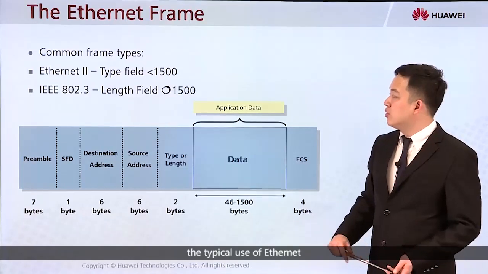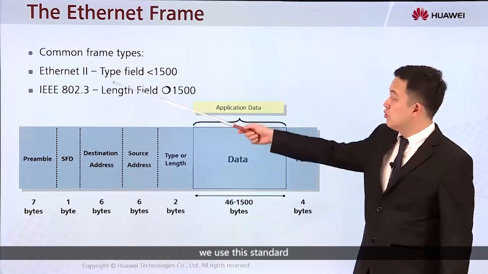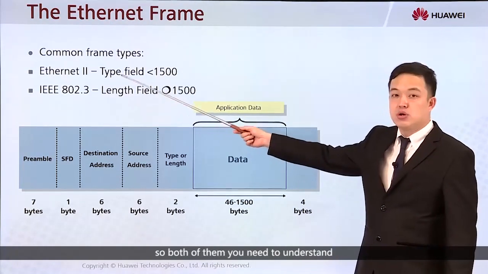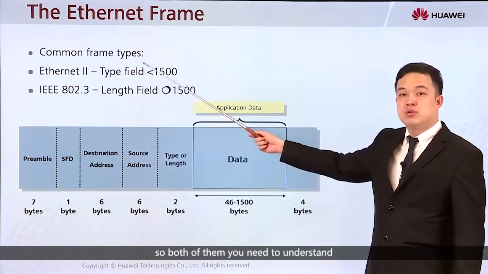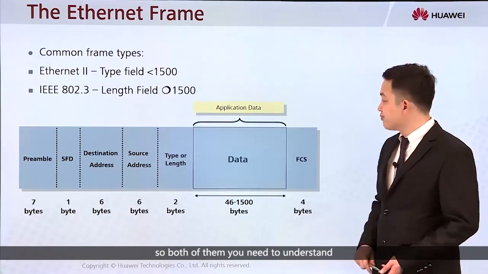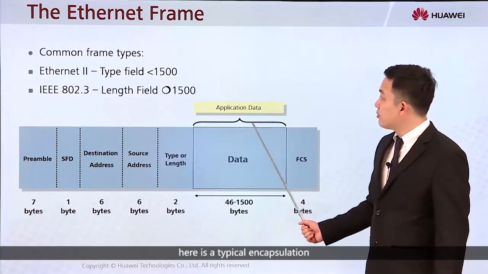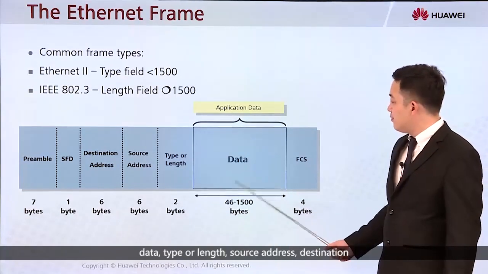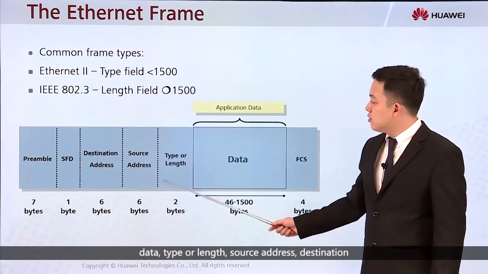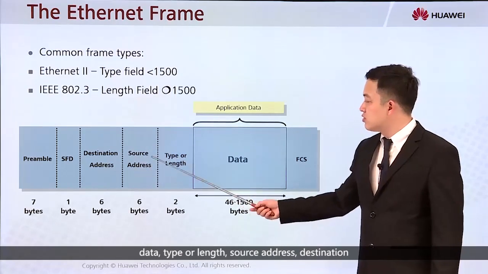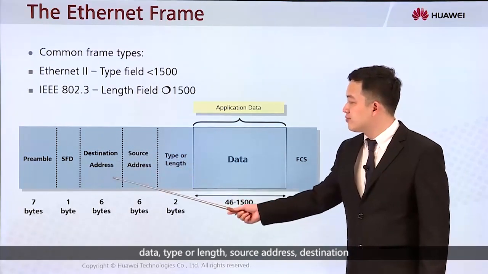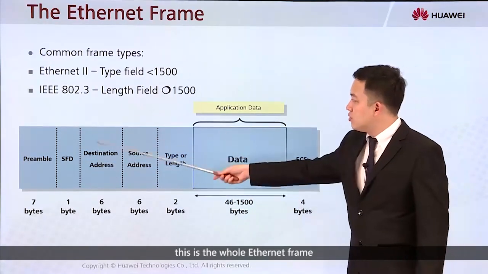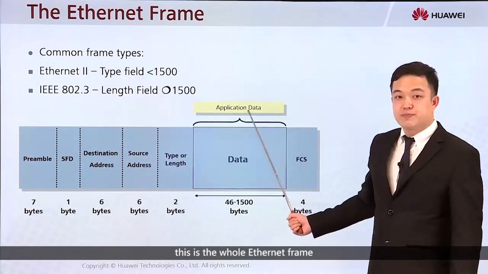The typical use of Ethernet uses this standard. Sometimes we also use this one. So you need to understand both of them. Here's the typical encapsulation: data, type or length, source address, destination, and all the other parts. That's a total Ethernet frame.